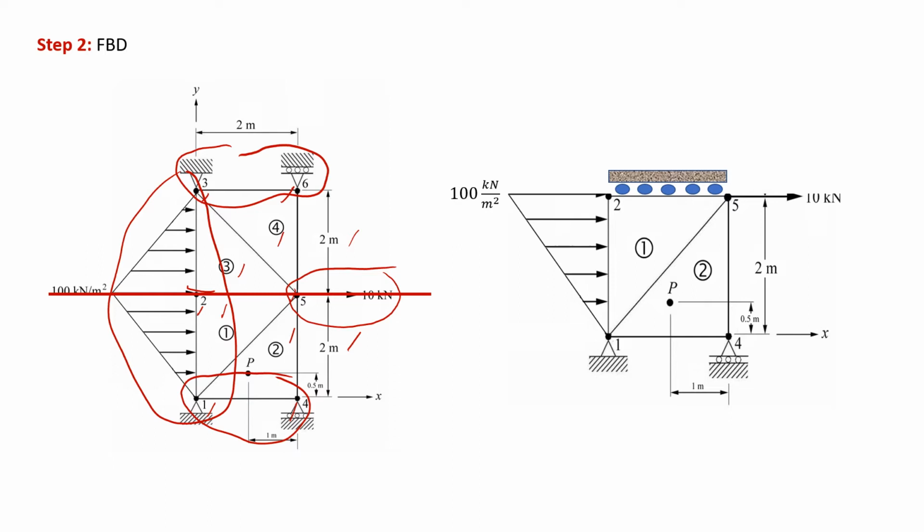But for the point load, as it is acting at the middle of the symmetrical line, we just need to consider only half of the value. So the point load now has become 5 kN, which is half of its original value.